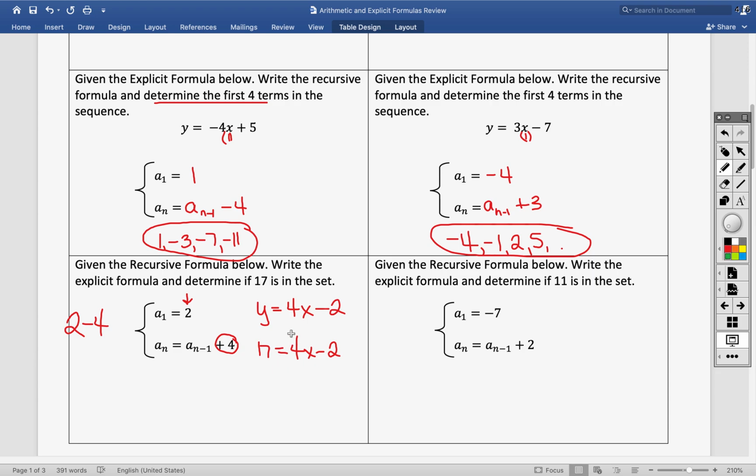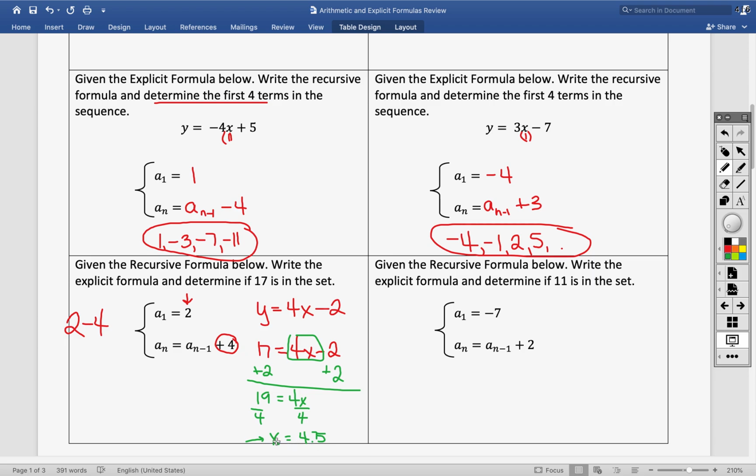So to solve this equation, you box the variable term, opposite operation. 19 equals 4x, divide by 4. X is equal to 4.75. Now, if x is a whole number, that tells you that it's the 4th number in the set.